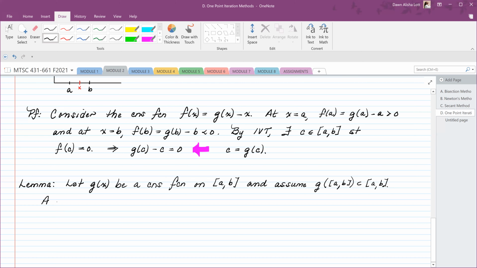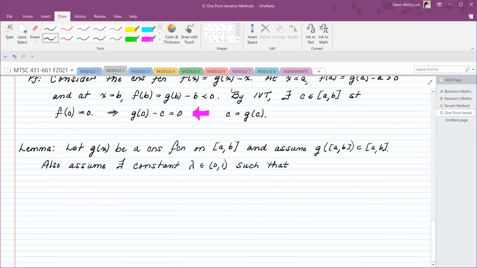Also assume there exists a constant lambda in the interval [0, 1) such that the absolute value of g of x minus g of y is less than or equal to lambda times the absolute value of x minus y, for all x and y in the interval [a, b]. This is called a contraction function.